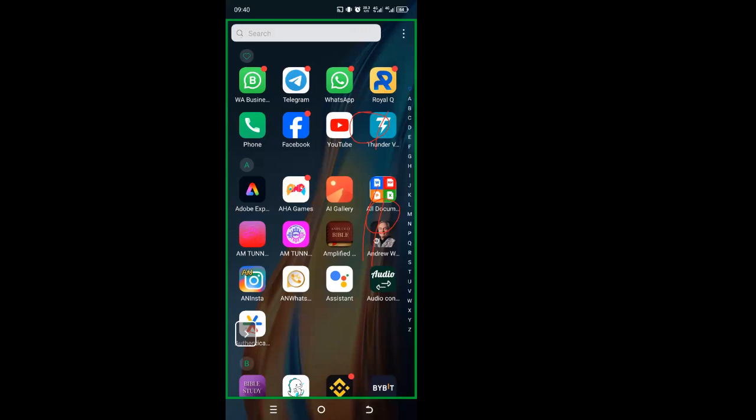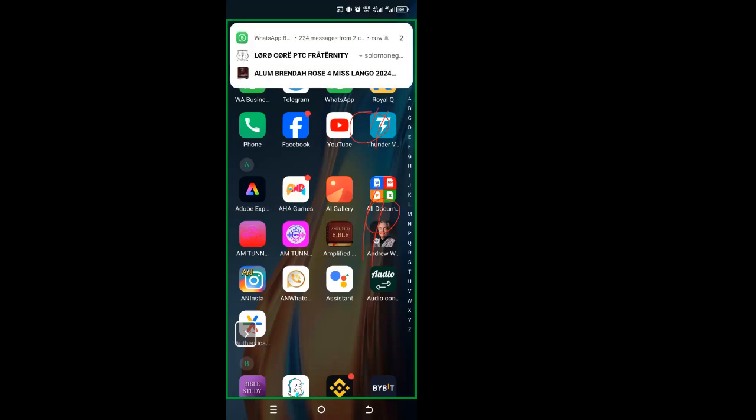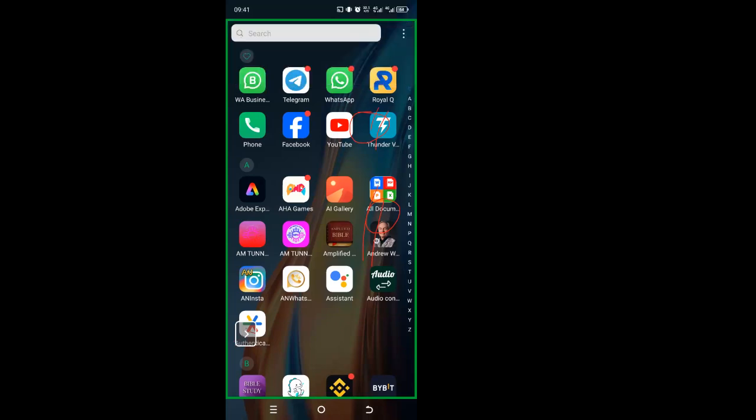Guys, the truth is I'm not sure whether my account is safe, because I have seen a message telling me logged into another device. And this is now what I see on my screen. It has never become stuck.